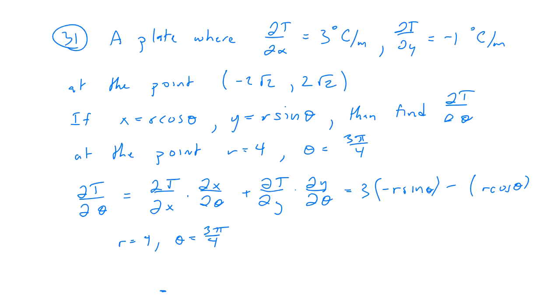So we're going to get 3 times 4 times, oops, I lost a negative, negative sine, which is square root of 2 over 2. And cosine is negative, because it's the x, and since we're in the second quadrant, x is negative.